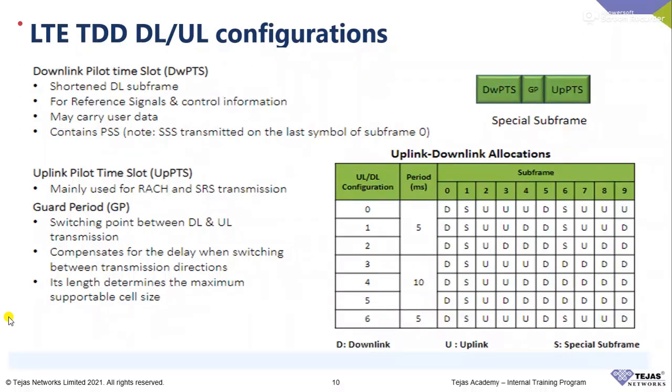See, 10 millisecond is talking about more downlink, less uplink, whereas 5 millisecond periodicity gives opportunity in both. Okay, that's the intention. But we cannot change it, let's say configuration 0 cannot be a 10 millisecond periodicity. It's already well defined in the standards.